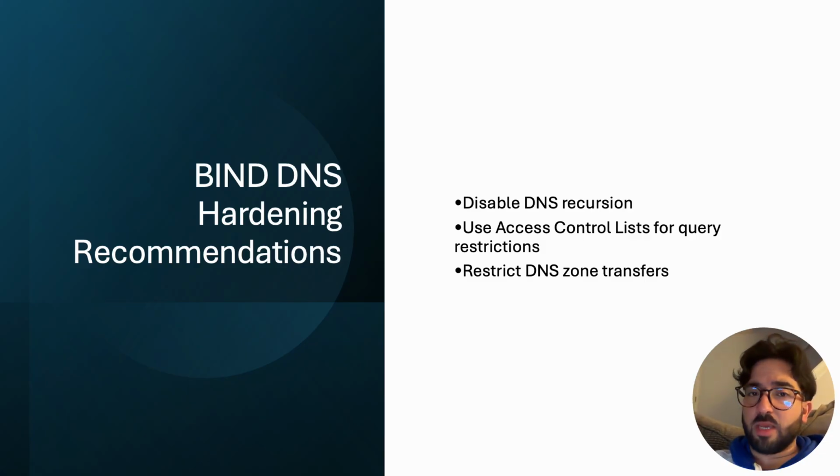For BIND DNS, the three hardening recommendations are disabling recursion, using access control lists to limit who can query the server, and restricting zone transfers, which protects the zone file from being downloaded by unauthorized hosts.